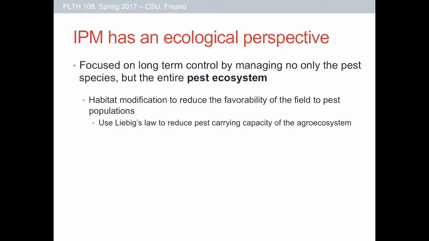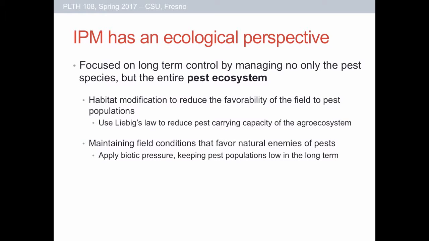So we do this through things like habitat modification that we talked about in economic entomology as sort of ecological control or cultural control. So basically, using Liebig's law to reduce carrying capacity, we want to identify what are the most important things to a pest population and then remove those from the ecosystem. Basically, take away the ground they're standing on so that those populations are driven down.